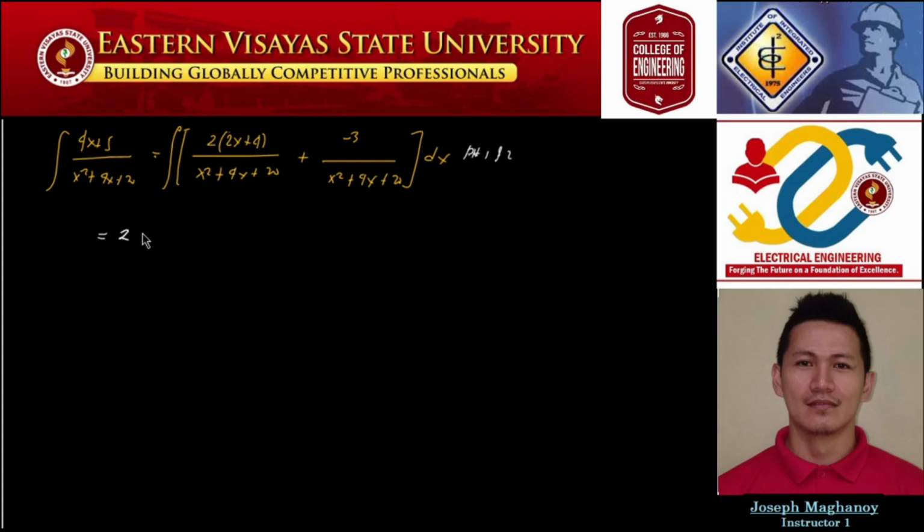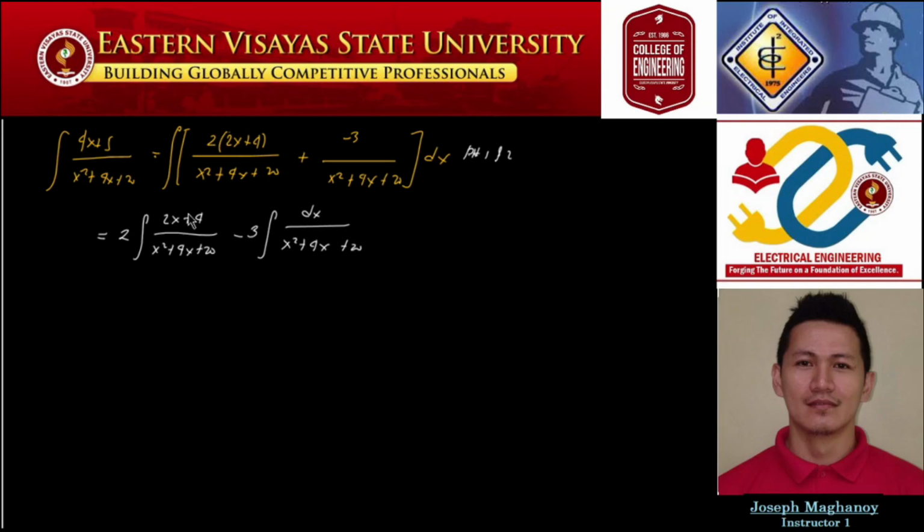So it's 2 integral of 2x plus 4 all over x squared plus 4x plus 20. So here, negative times positive, that becomes negative. Then you carry out real number constant 3. The integral of dx all over x squared plus 4x plus 20.